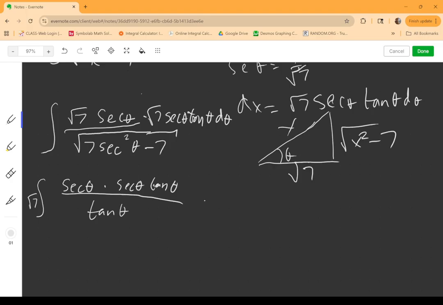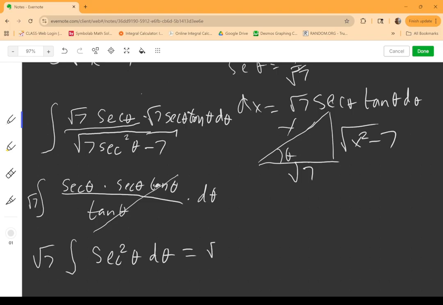We get tangent theta and then times d theta. Then this reduces to 1, and we're left with root 7, the integral of secant squared theta d theta. Everything reduced nicely to this basic integral.